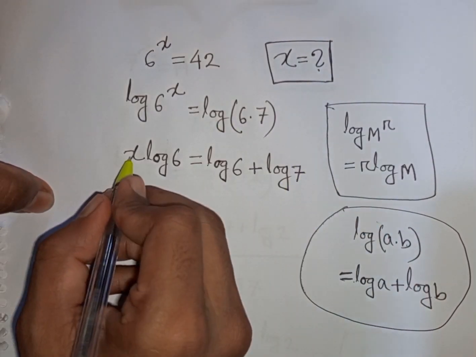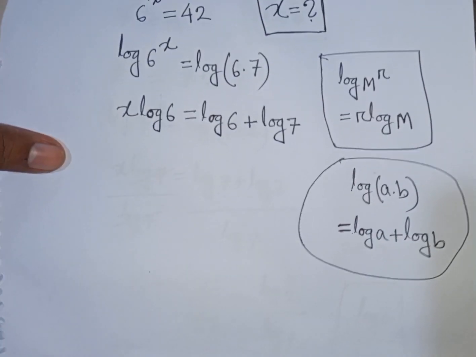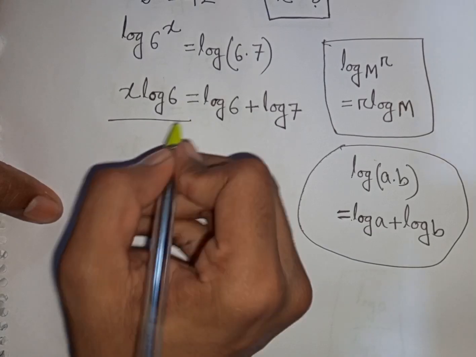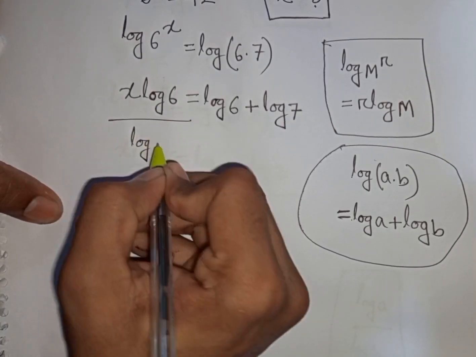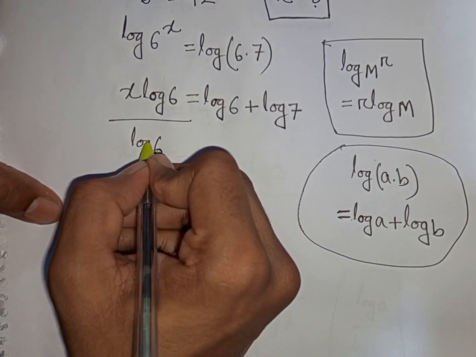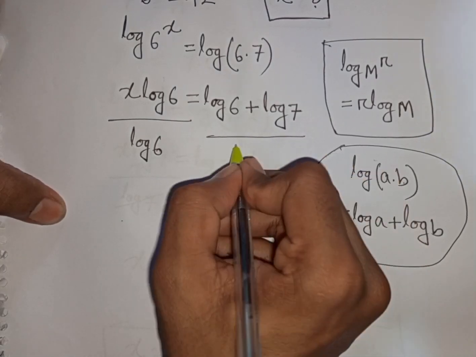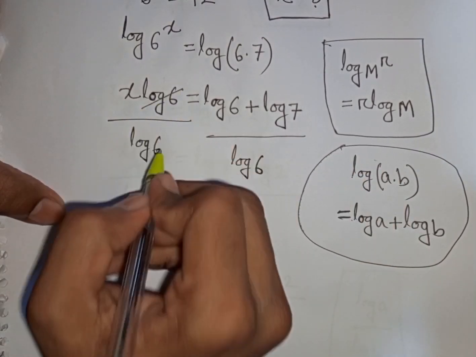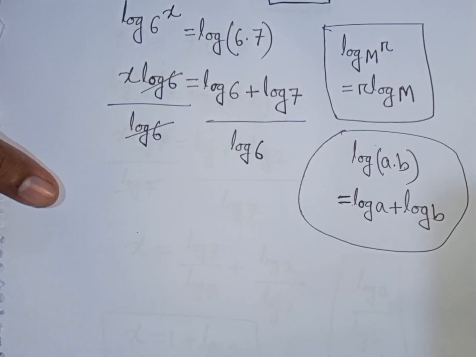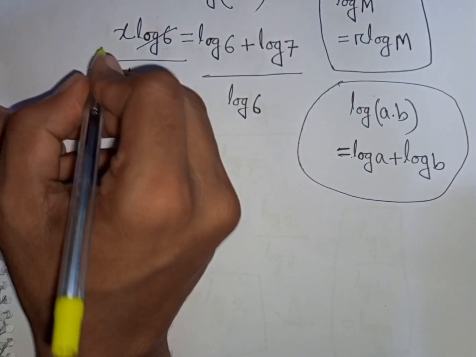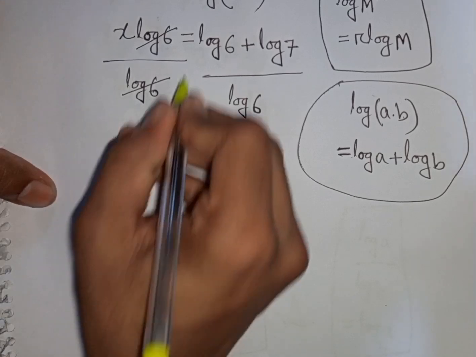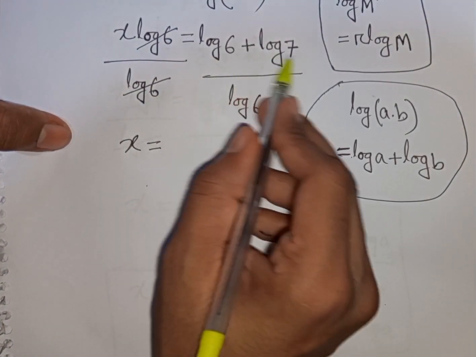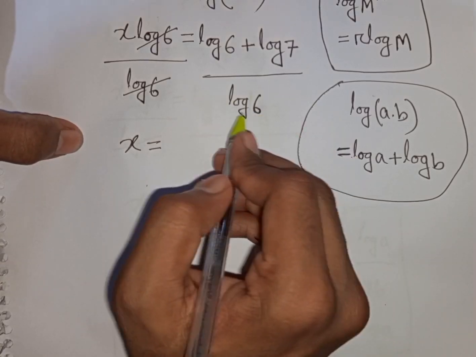Now we need the value of x, so we divide by log 6 on both sides. Now this log 6 will be cancelled. So we have x is equal to log 6 plus log 7 divided by log 6.